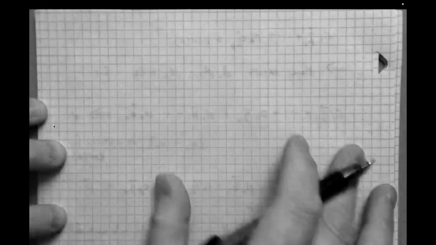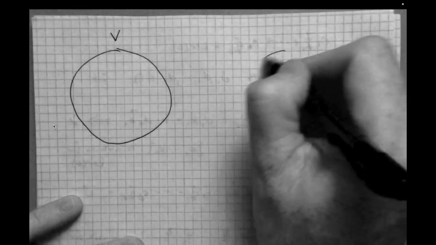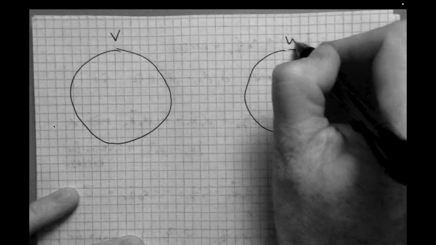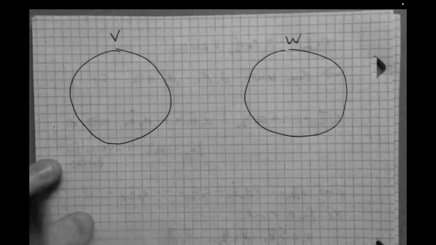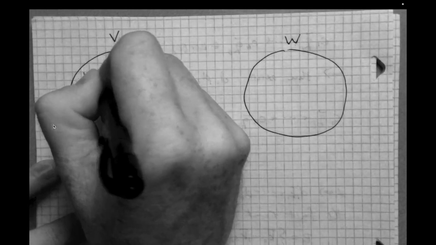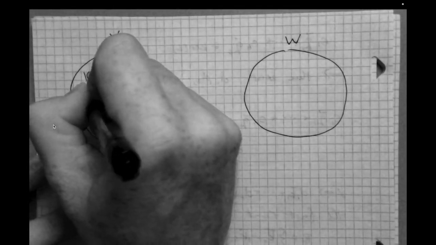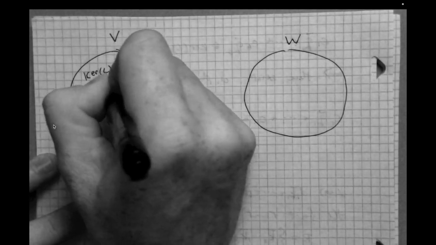So let's talk about what's happening here structurally, top down. You've got a vector space V, and a vector space W. Inside of V, you've got a subspace that we call the kernel. Inside the kernel, you've got K1, K2, dot, dot, dot, KS.